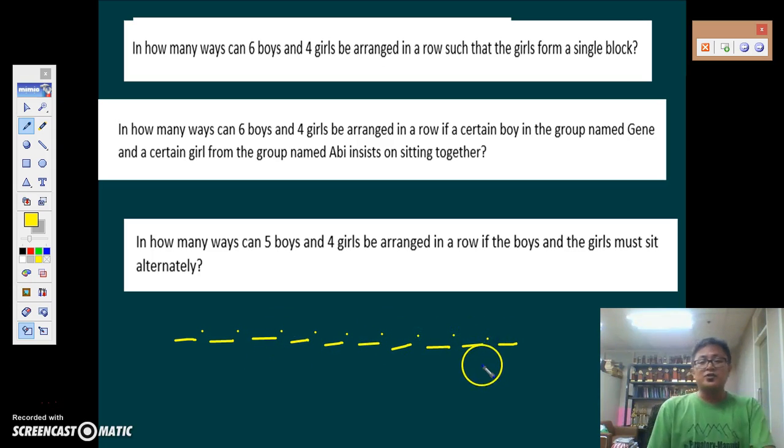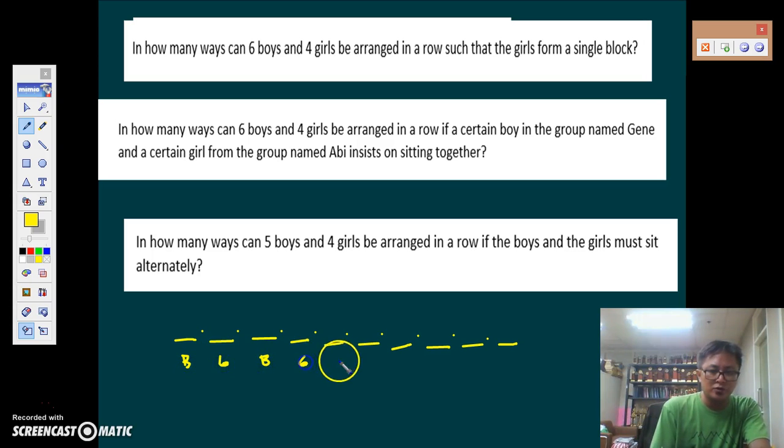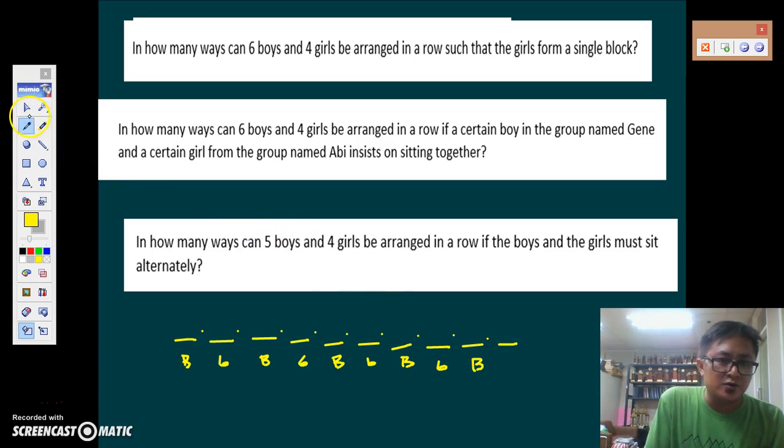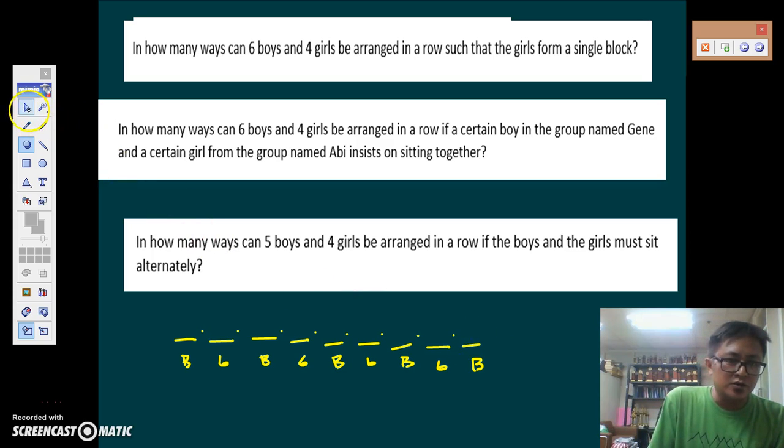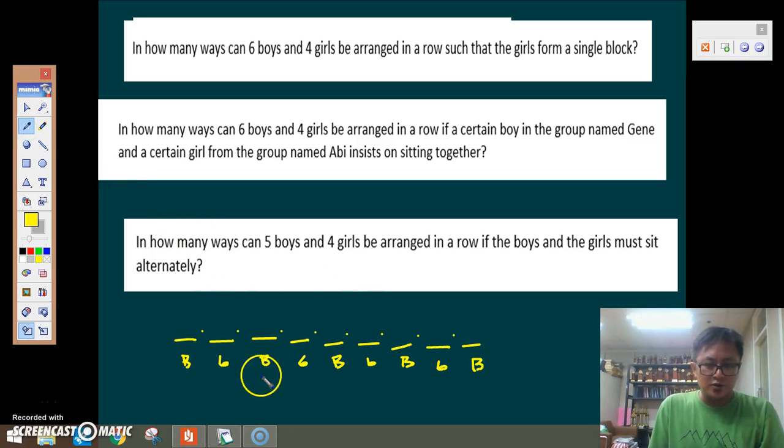So for them to sit alternately, we must start with the boy here. So boy, and then girl, boy, girl, boy, girl, boy, girl. So 1, 2, 3, 4, and then boy. And then there are only 5 boys and 4 girls, so we have this space here should not be here. So we have 5 boys, 1, 2, 3, 4, 5, and 4 girls, 1, 2, 3, 4.